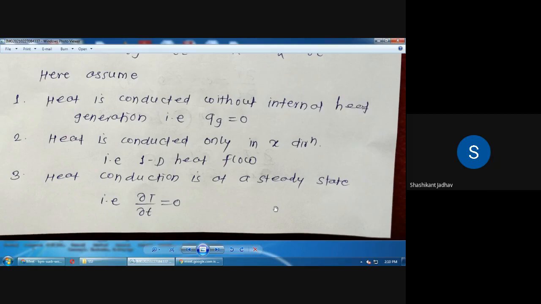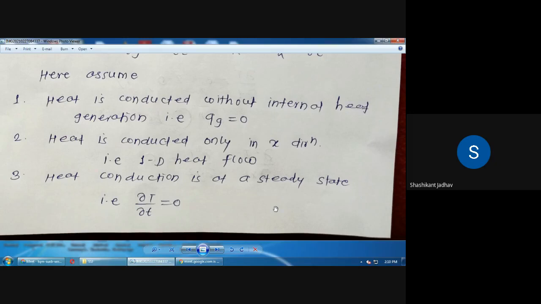What is the meaning of steady state? Any factor with respect to time becomes zero. In the general heat conduction equation, the factor with respect to time is dou T by dou t, so that factor becomes zero. Write down that dou T by dou t is equal to zero.